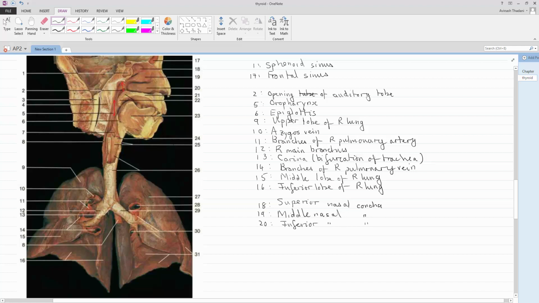So the conchae, as you can see, are little bulges on the bony part, not quite the septum. In fact, the inferior nasal concha is a separate bone when you're doing the accounting of the different bones in the skull. So what they do is create turbulence in the nasal cavity.